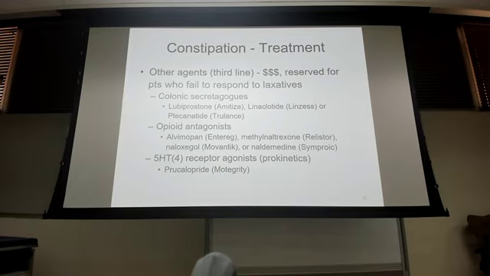If you're down to fourth and fifth line treatments, you're thinking, okay, we can try secretagogues. They should be in coordination with a gastroenterologist. Know that these are treatment options. Just know that you're going to have a specialist on board when you get to this level of treatment for constipation, as they failed all other attempts.